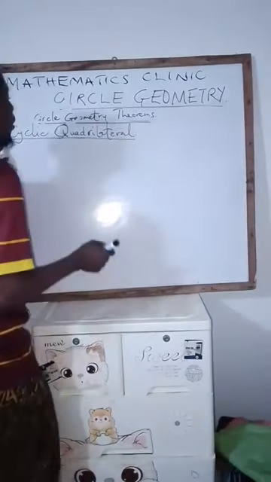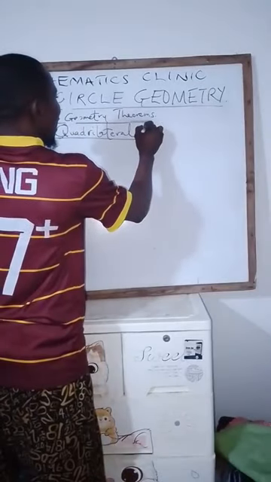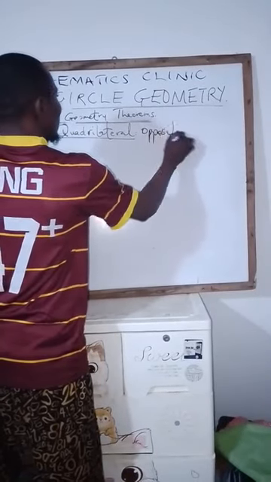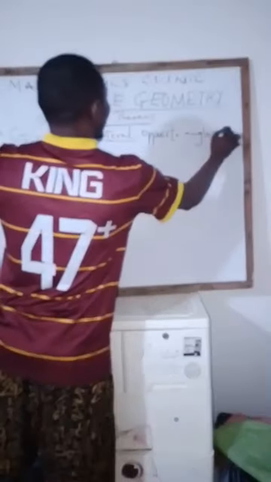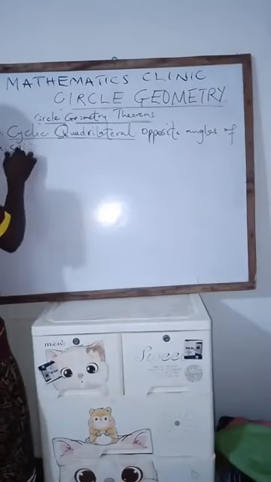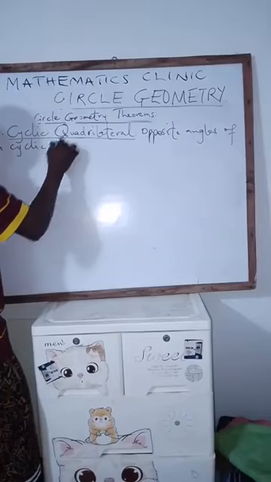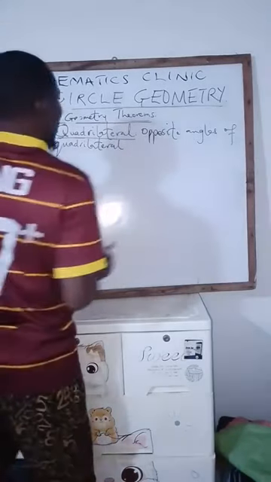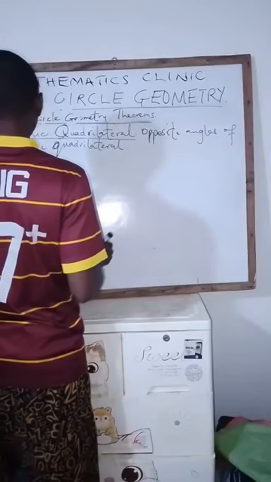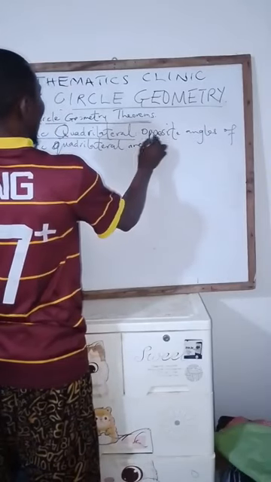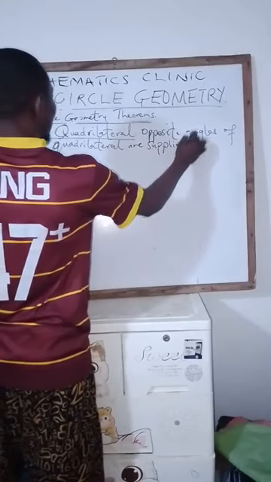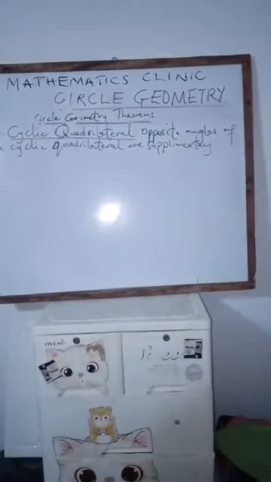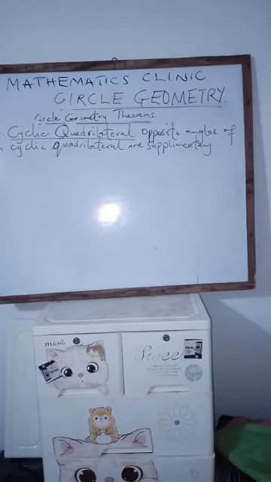So the theorem about cyclic quadrilaterals is saying that opposite angles of a cyclic quadrilateral are supplementary.